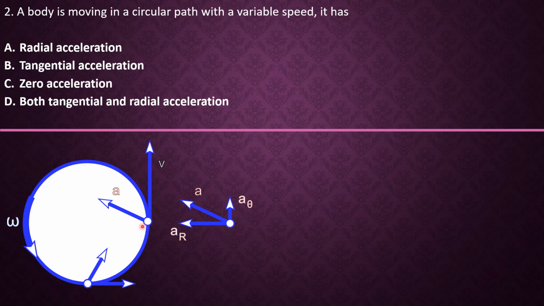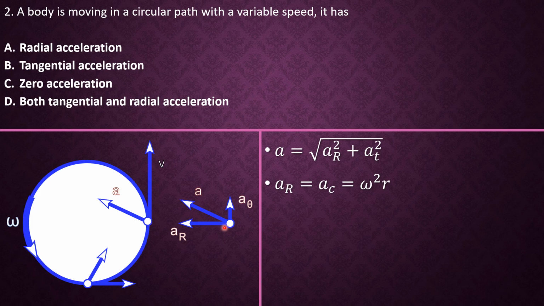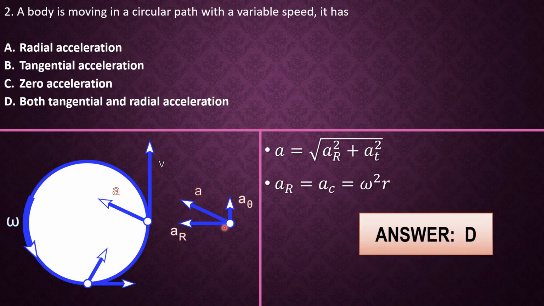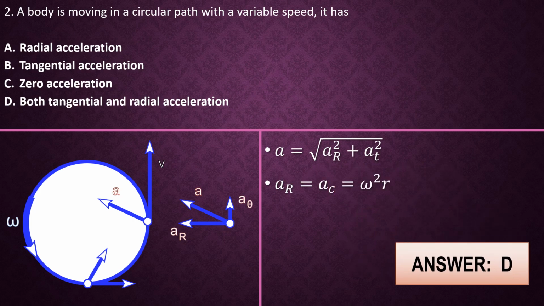So you realize that for this speed to be changing, for non-uniform circular motion, the particle has both the tangential and the radial components of acceleration. So the acceleration of the particle is basically the vector sum of these two components. And so you can actually calculate that as that, and then you notice that that is that. And so our answer is D. The particle has both tangential and radial acceleration because, of course, it's with a variable speed.